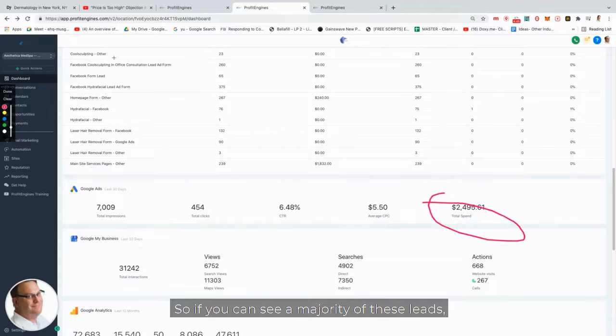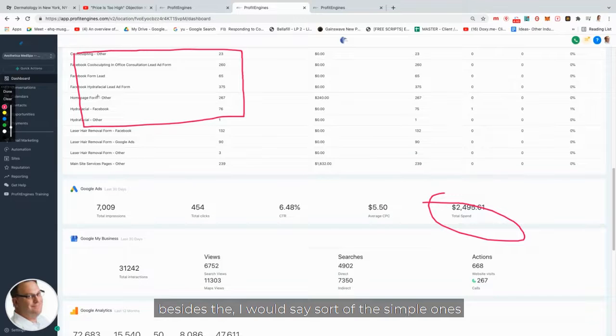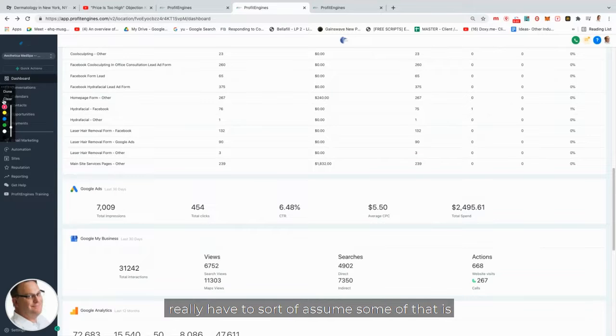As we can see, a majority of these leads, besides the simple ones that came through from organic traffic, which you really have to assume some of that is bleed through on the ads.